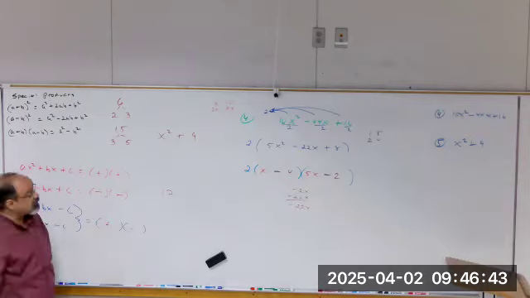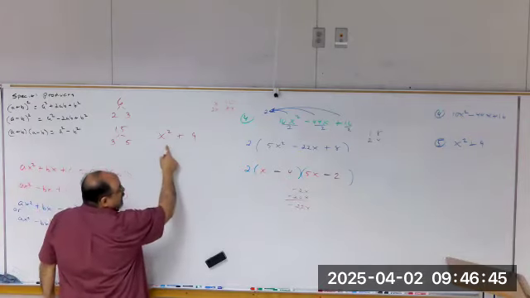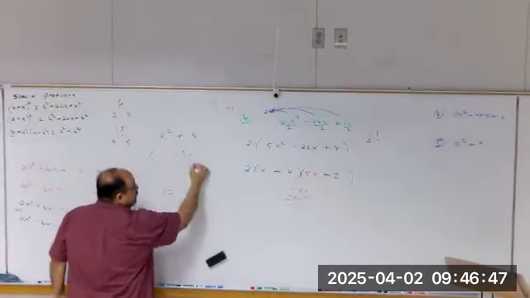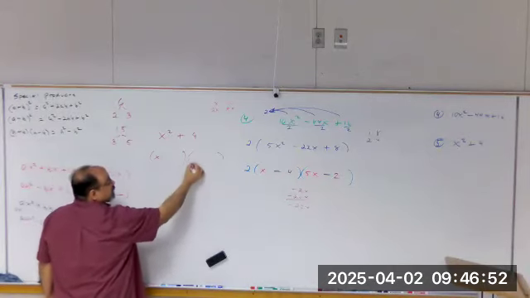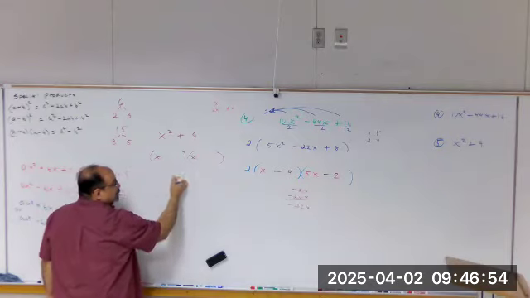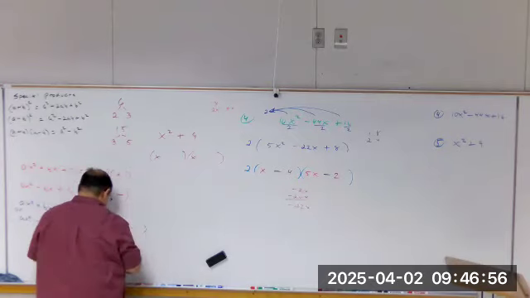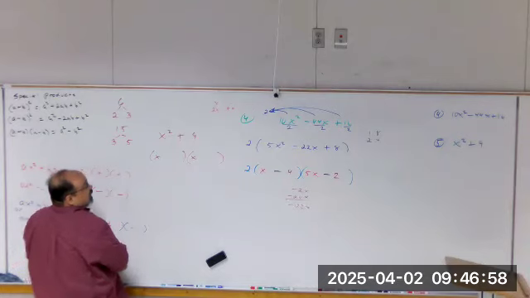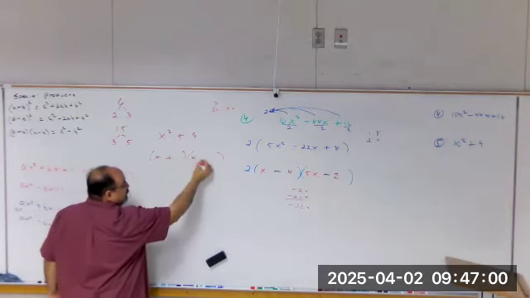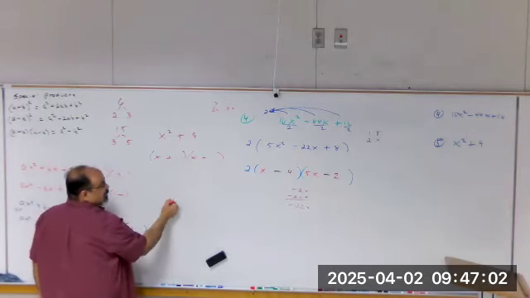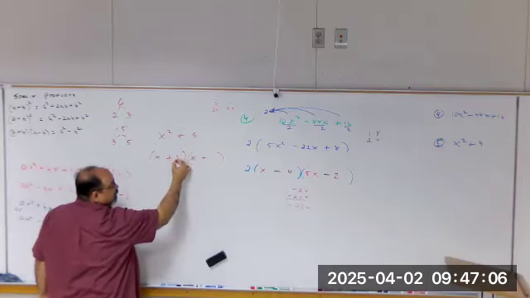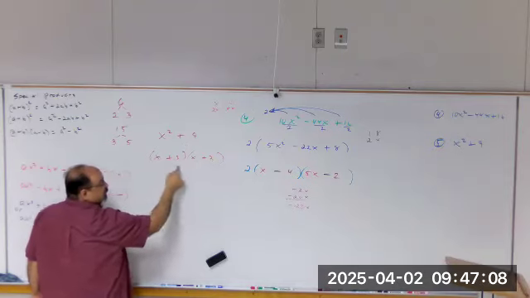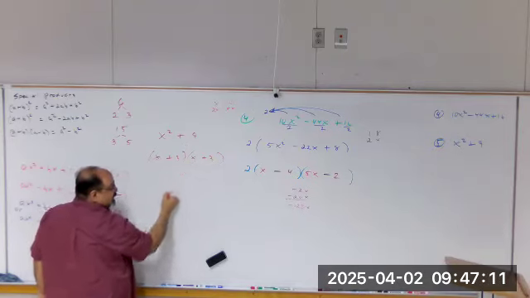So polynomials are the same thing. No common factor, you set up the parentheses. The only way to make x squared would be x and x. The last sign is positive, and we know if we're going to get a positive, it's either a plus plus or a minus minus. 9, it's either 1 and 9 or 3, 3. If I do 3, 3, I'm going to get a 6x in the middle.